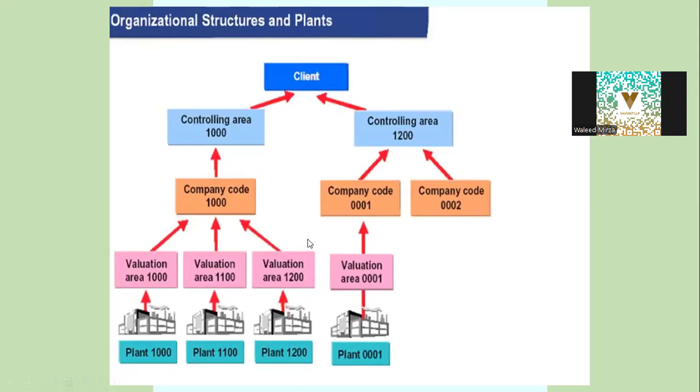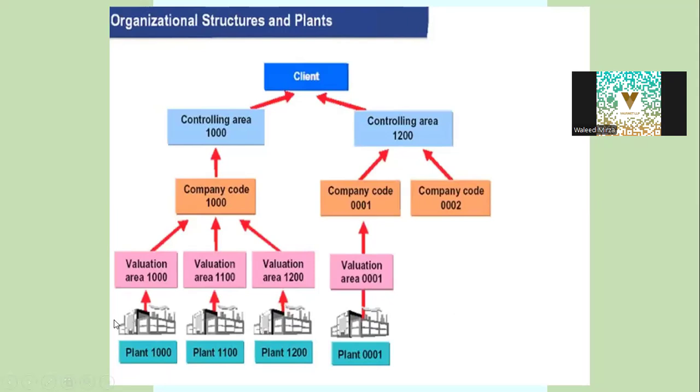Okay, landscape of SAP. Under that, we have a controlling area. What is controlling area? For that, we'll have to go down here. Now, plant. Plant is a manufacturing unit or a place where you can store your material stock or anything. Plant or valuation area is the same thing, but valuation area is basically it evaluates your material based on location.